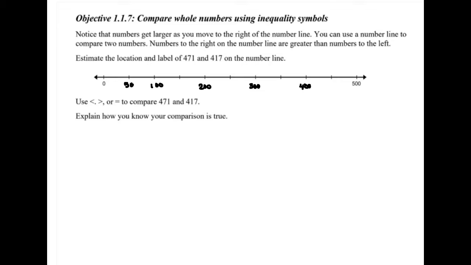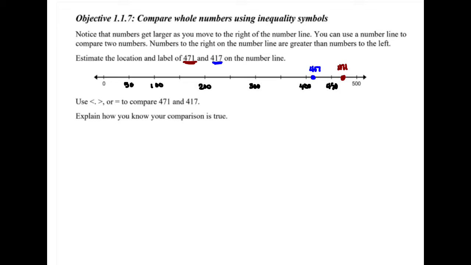Okay, so 471 and 417. If this is 450, halfway between 400 and 500, 471 is going to be in between those two, right? So this is 471. 417 is closer to 400 than 500, and it's closer to 400 than 450.